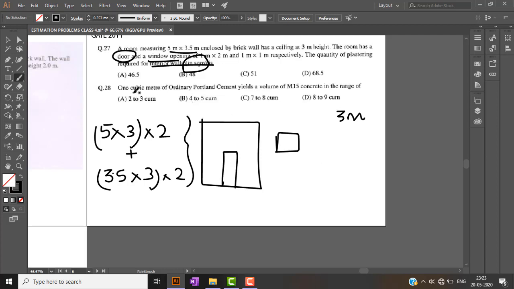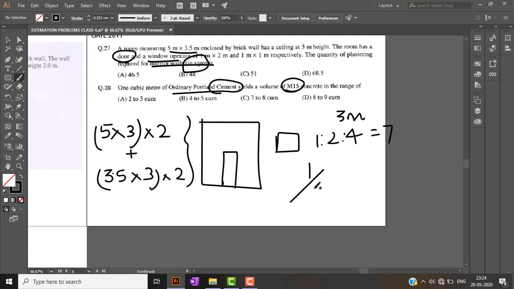1 meter cube of ordinary Portland cement yields an M15 concrete in the range of. Now M15 is nothing but 1:2:4, which is total 7 parts. So for 1 meter cube, we are asking for cement.